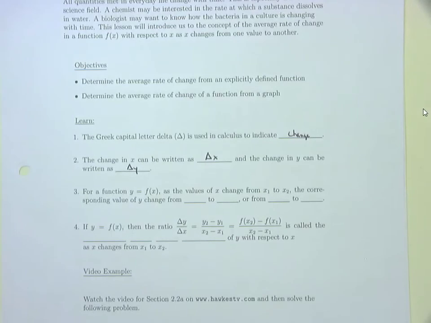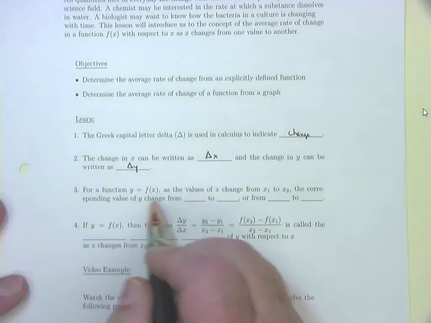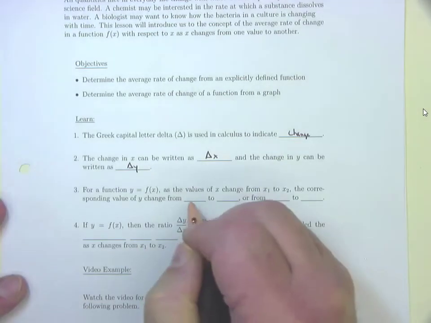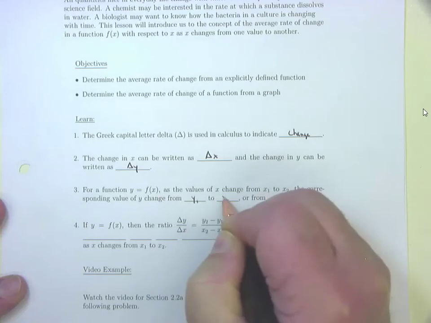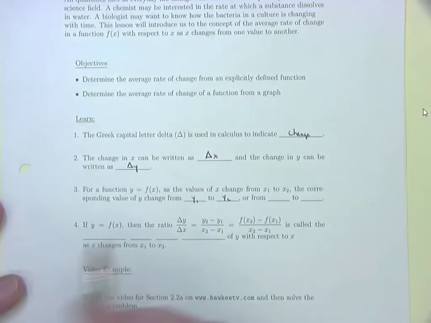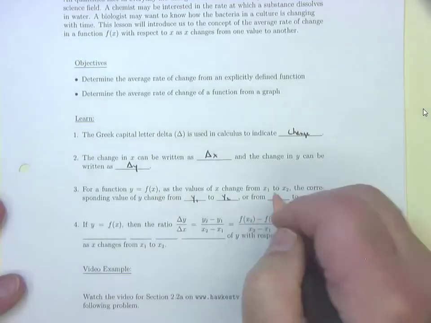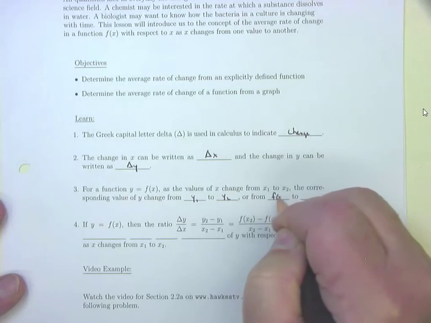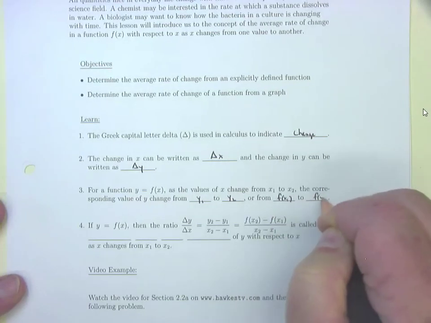Now, for a function y equals f of x, the values that change from x1 to x2 correspond to the value of y that changes from y1 to y2, but since we're dealing with a function here, y1 is also known as f of x1, and y2 as f of x2.